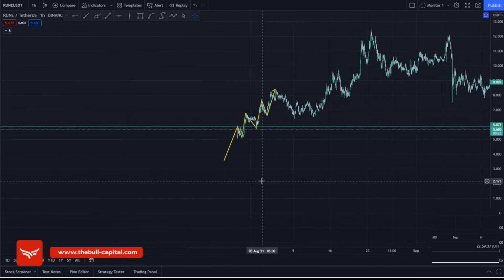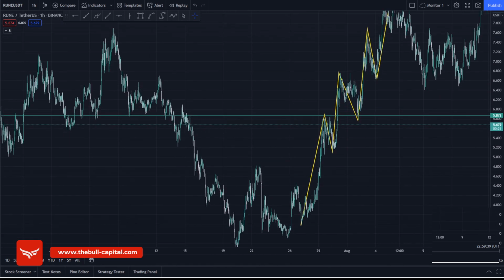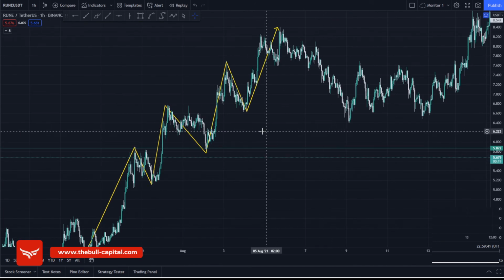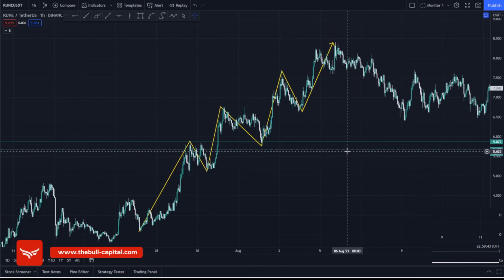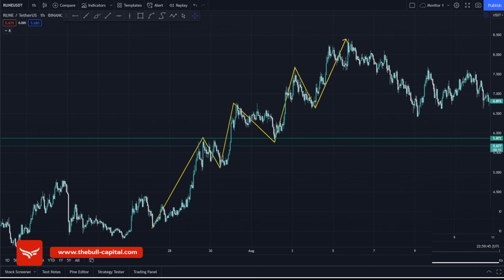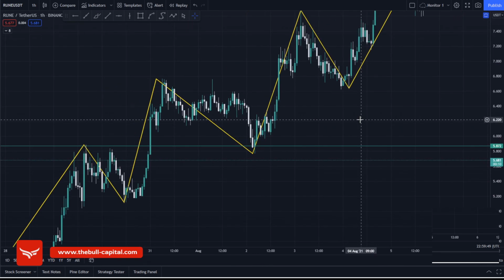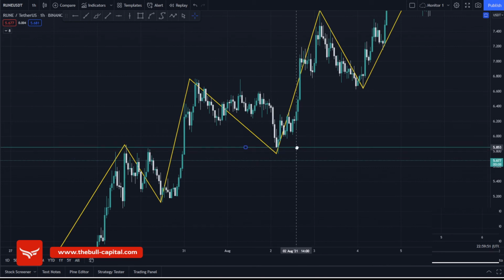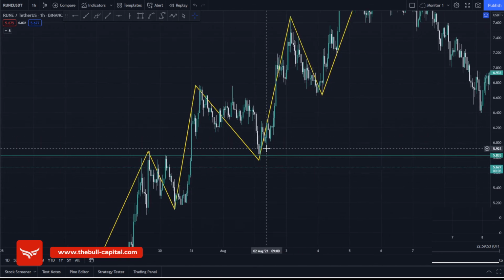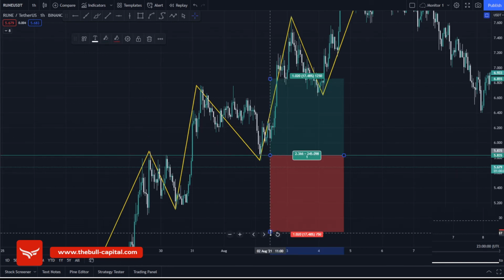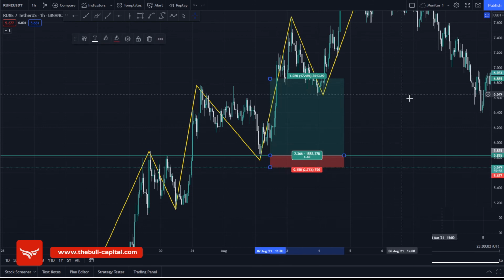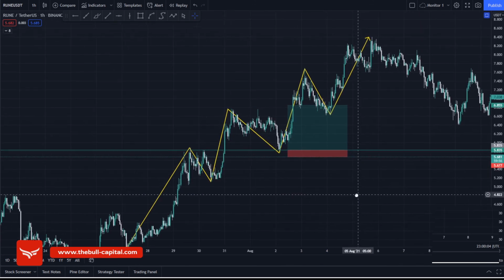Let's see where it was. Okay, here. So we enter here, at the touch of support. We enter a long position, with the stop loss just below.